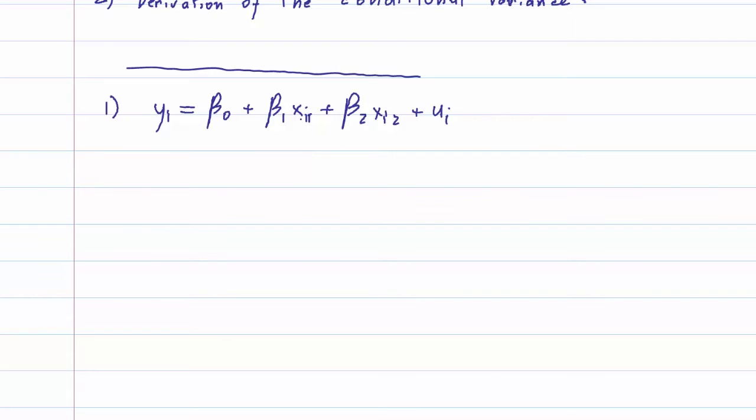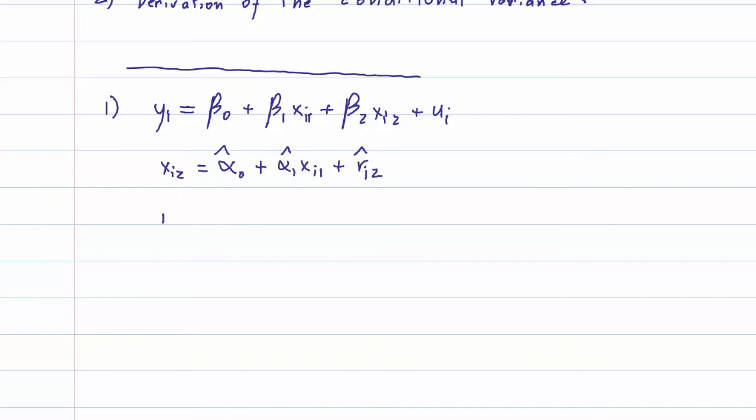First we have to regress, for instance, xi2 on xi1, and we get a residual here. So we have estimates, alpha 0 hat, alpha 1 hat, and we use the estimated residual, ri2 hat.